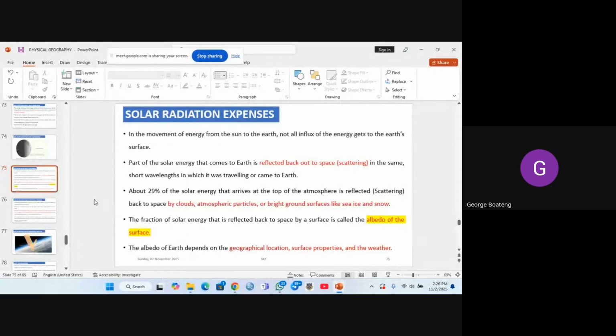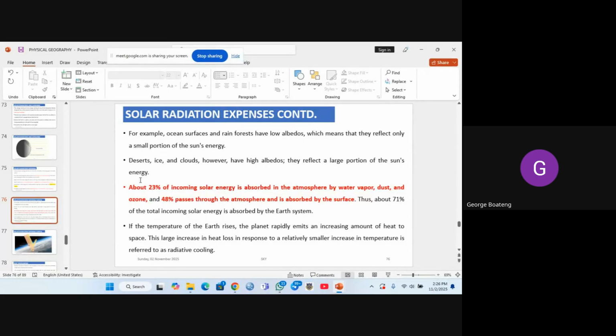That is called diffuse radiation. It has been able to pass through the clouds and come to the Earth's surface. But albedo is the one that is reflected back to space.